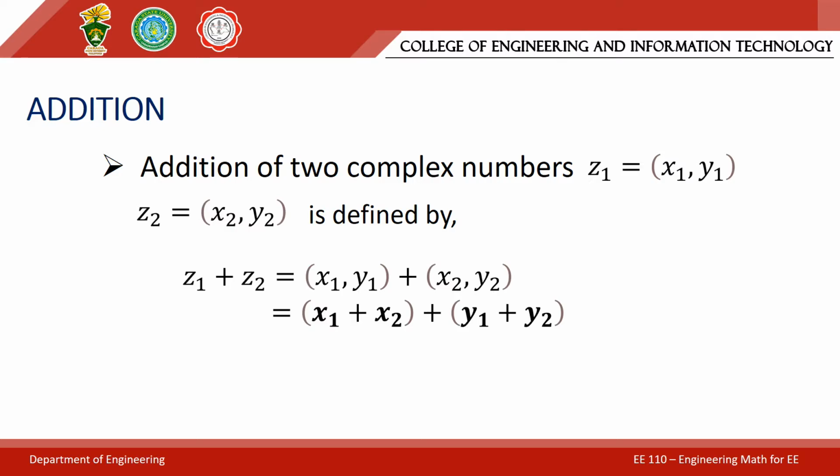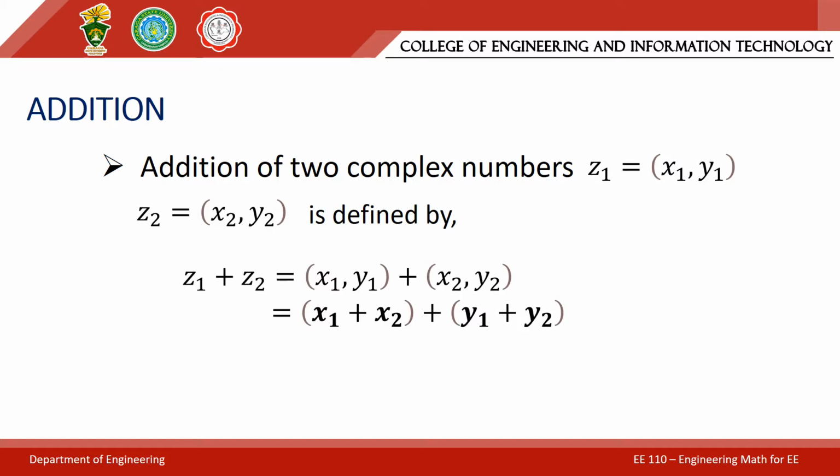Addition of two complex numbers z1 is equal to the ordered pair (x1, y1) and z2 is equal to the ordered pair (x2, y2) is defined by z1 plus z2 is equal to the ordered pair (x1, y1) plus the ordered pair (x2, y2).